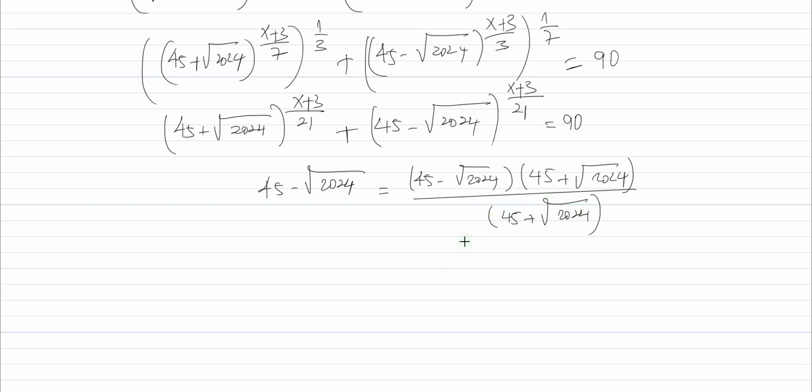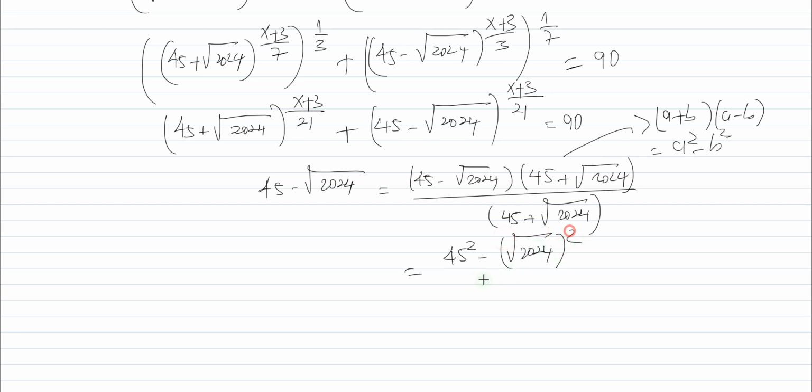So now we get something like a plus b multiplied by a minus b, which is a squared minus b squared. So we have 45 squared minus square root of 24 to the power of 2, divided by 45 plus square root of 24.